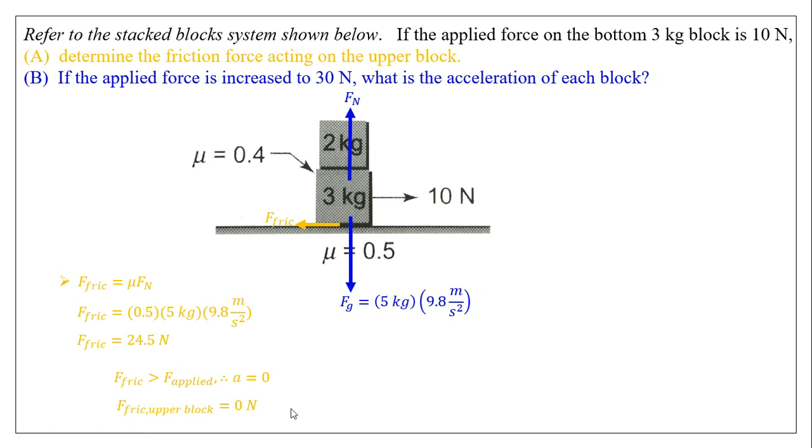So the F of friction between the upper and bottom block is a reaction force. It reacts to the system once it starts moving, but the system is not moving at all. So the top block is just chilling on top of the bottom block. So therefore, the force of friction that exists between the bottom and top block is just 0 because the system is not moving.